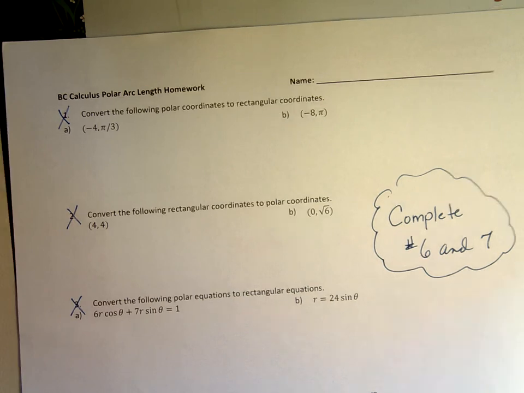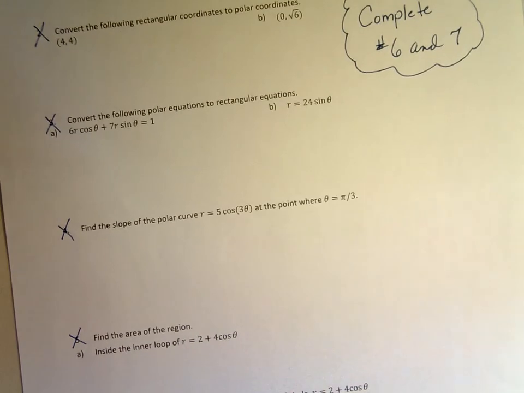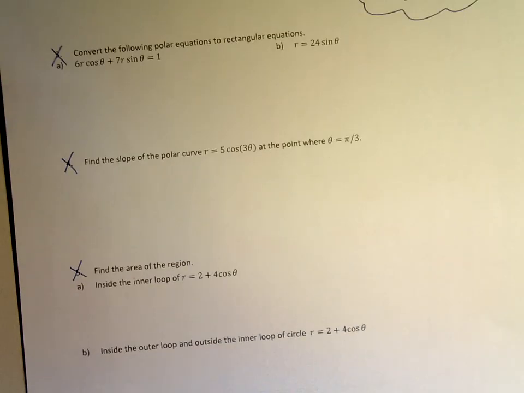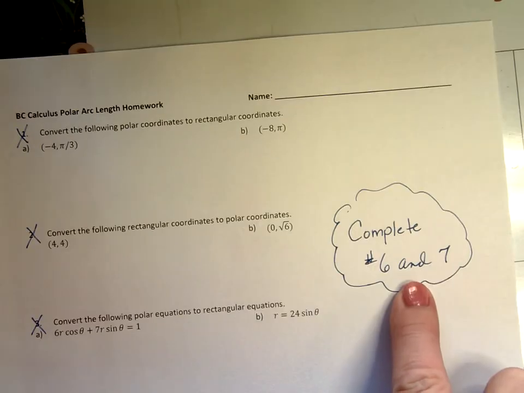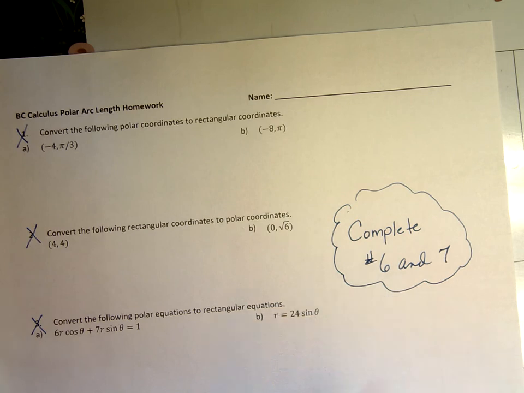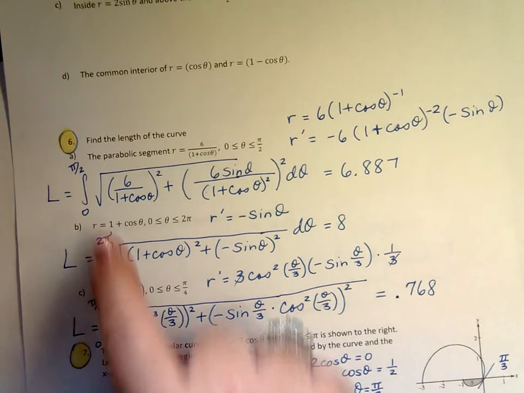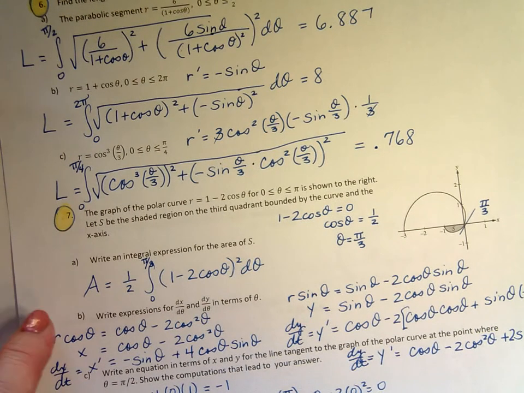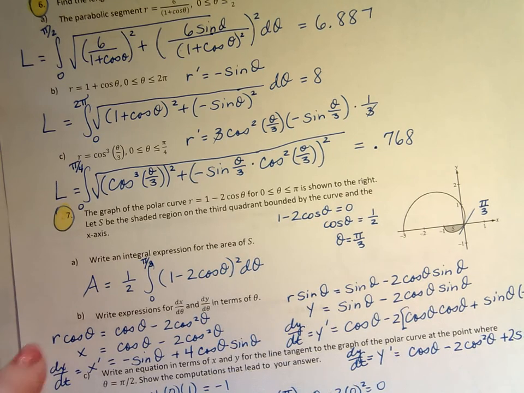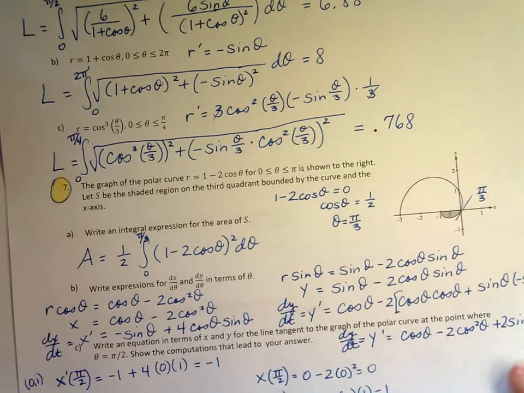It also goes into finding the area of a region of these loops like we did back in section 17.2. I do not want you to do this. All you're doing is completing numbers 6 and 7, a couple of parts each. Number 6 directly applies the arc length formula, and 7 gets into a little bit of review stuff.